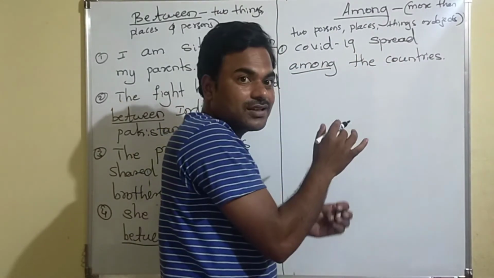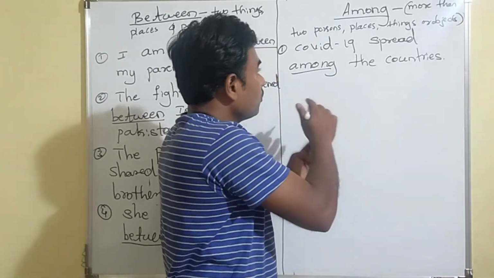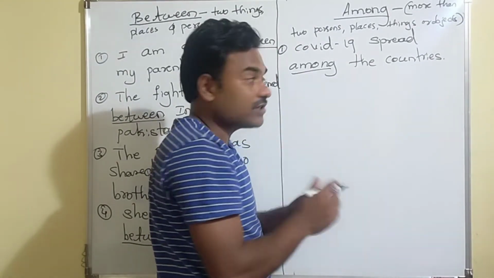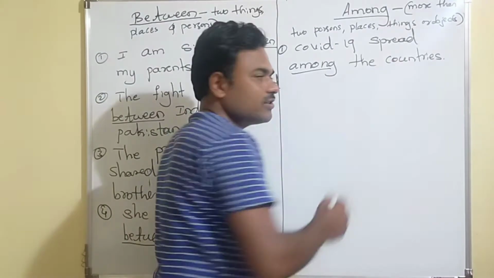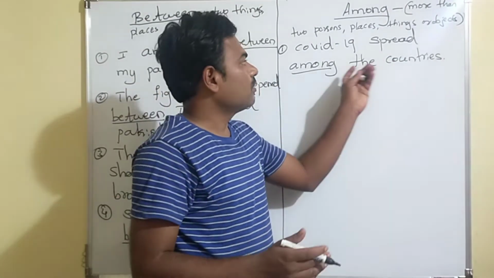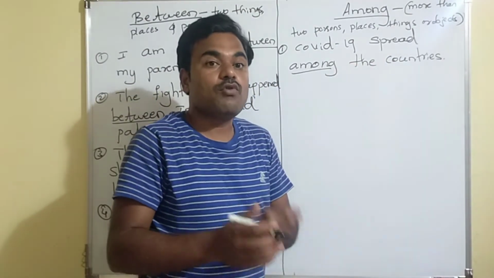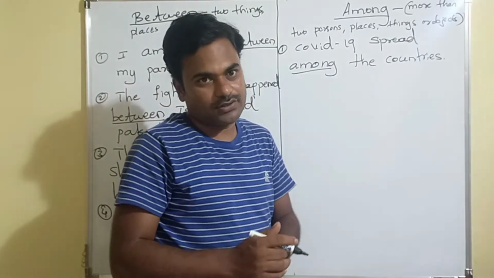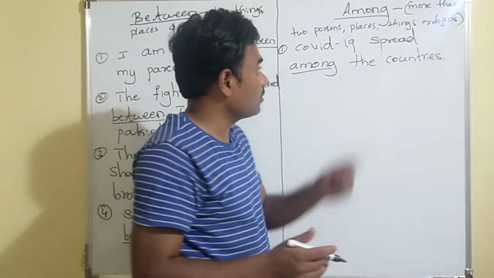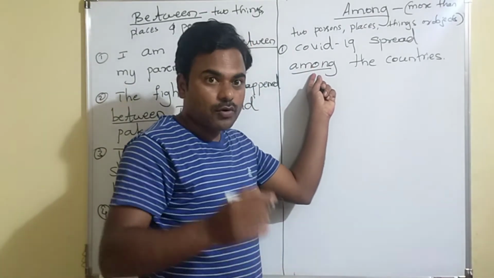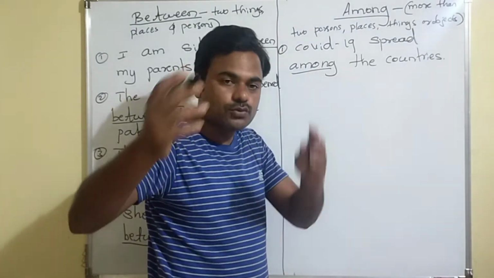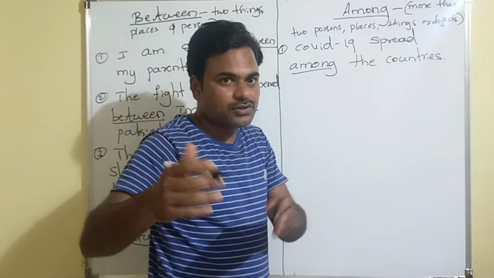COVID-19, this is a disease that spread. The COVID-19 pandemic spread among the countries. The countries are more than three. The COVID-19 already spread among more than 200 countries. That's why I'm using among. So when we use among, there are more than two places, two things.